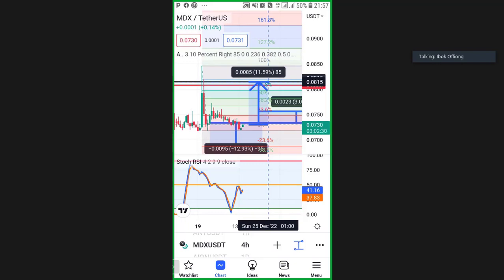MDX, Sun, WRX, and Aeon are coins that usually pump. So this coin can still do 11, 12%. So this coin will deliver. That's MDX for you.